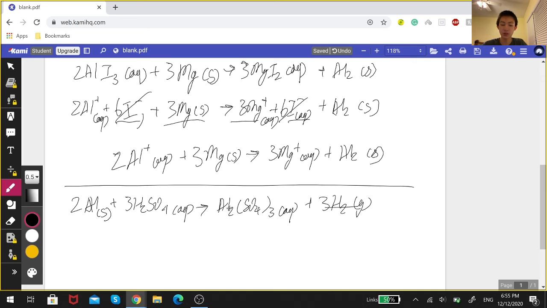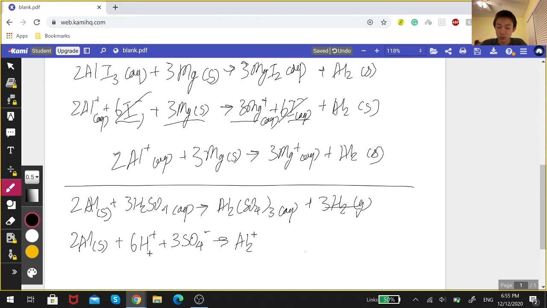Again, step 1 is to separate the whole thing out. We can say 6H pluses instead of 3, and 3 SO4 minuses, and we cannot do the same for SO4 because SO4 is a polyatomic ion.